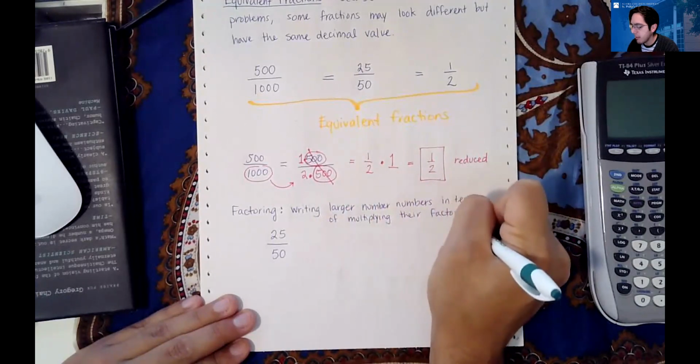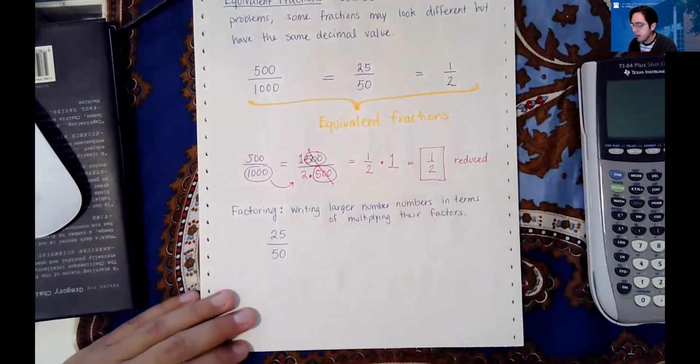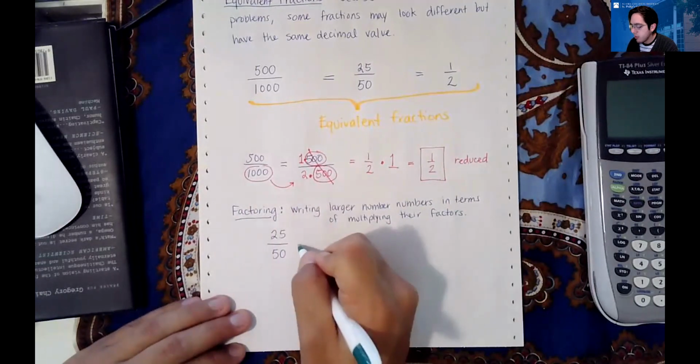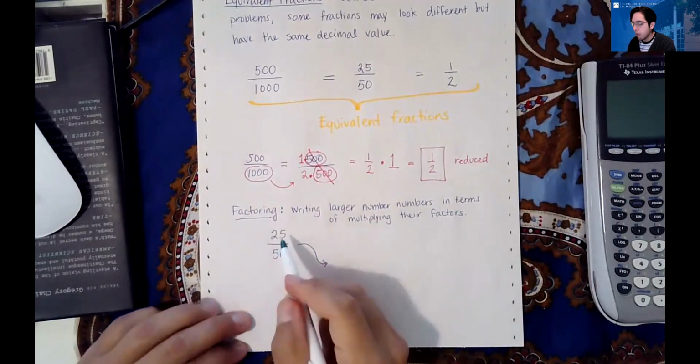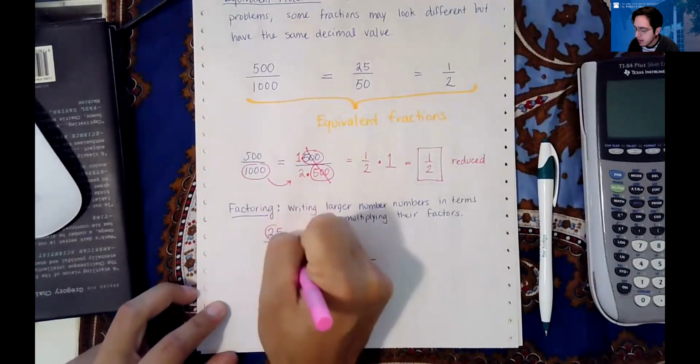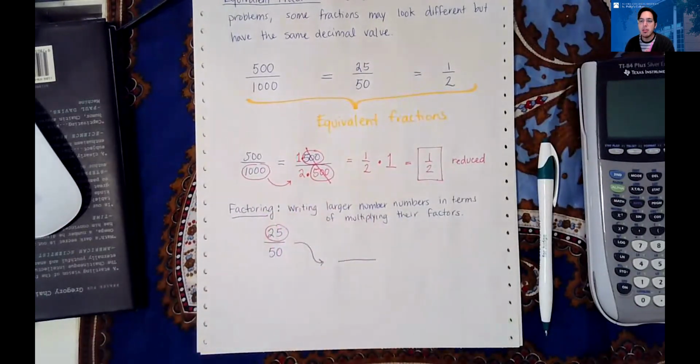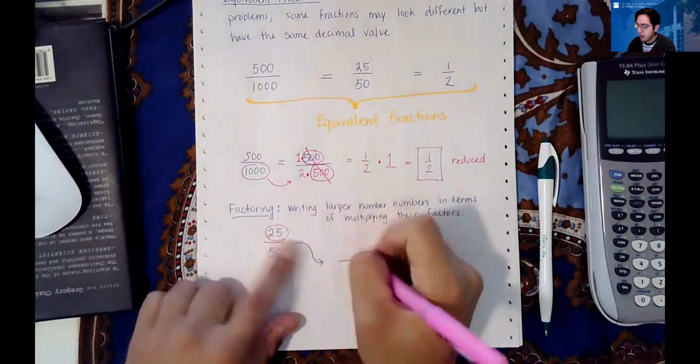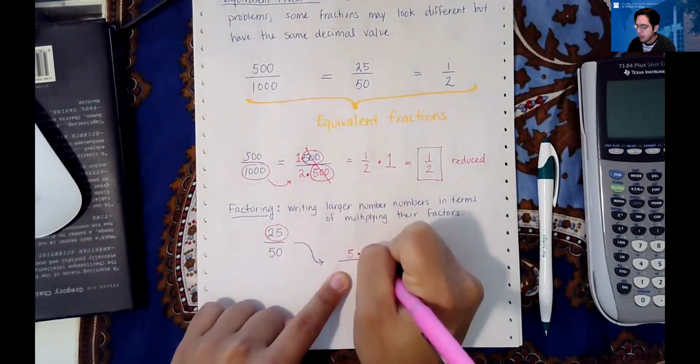That is the numbers that multiply to make that number. So what we could do is rewrite our fraction. Can we think of 25 as a couple of numbers multiplied together? What 2 numbers multiply to make 25? 5 times 5. Yeah. Right? So instead of writing this as 25, let's write it as 5 times 5.